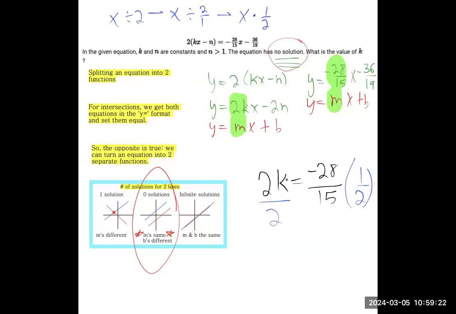So I just demonstrated that dividing by 2 is the same as multiplying by 1 over 2. On the left-hand side, the 2's cancel. On the right-hand side, we can cross-simplify. 28 and 2 become 14 and 1, or let's not forget the minus sign, negative 14 and 1. And so now what we have left is negative 14 on the top and 15 on the bottom, and that's our answer.